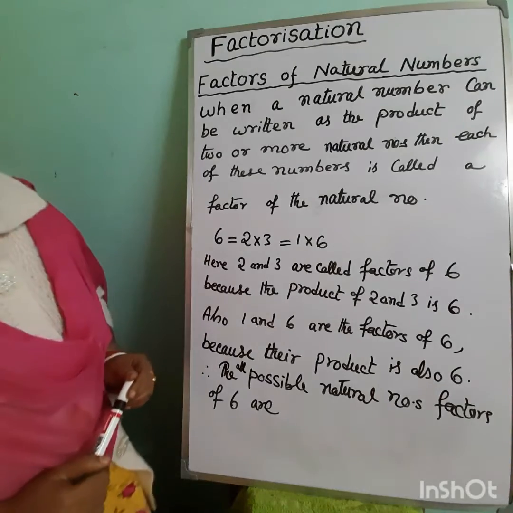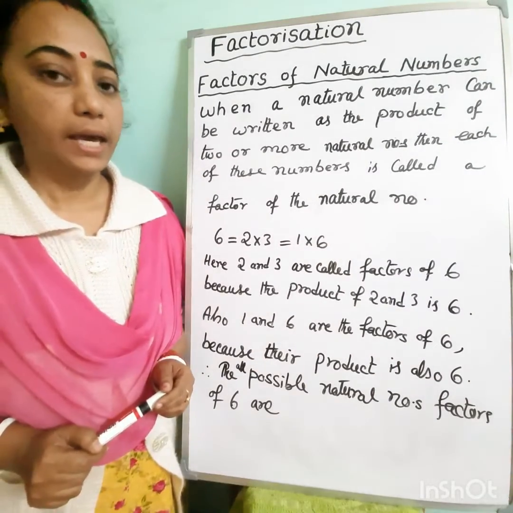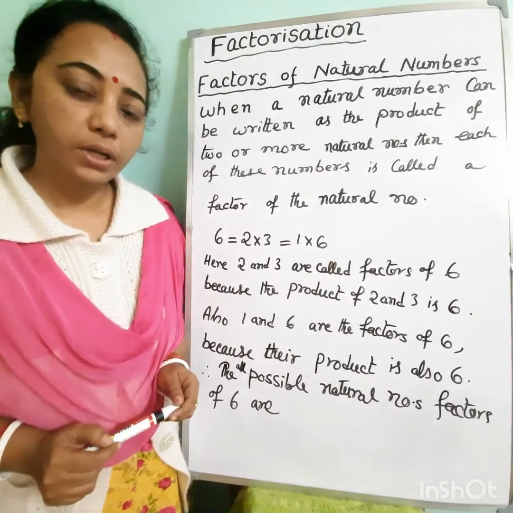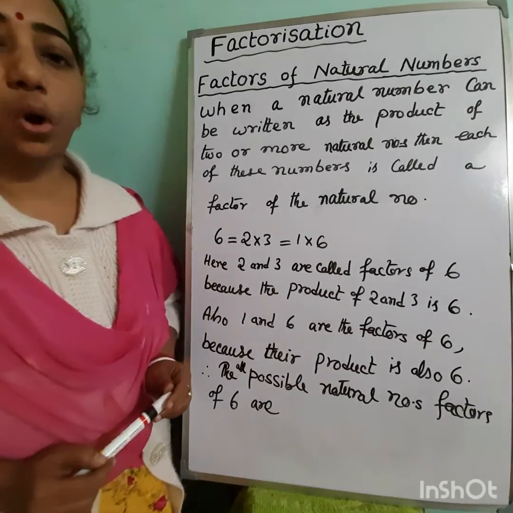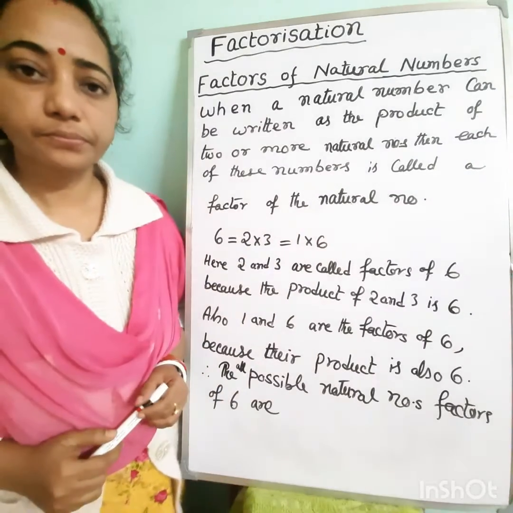Now, factors of natural numbers. When a natural number can be expressed as the product of two or more natural numbers, then each of these numbers is called a factor of the natural number.